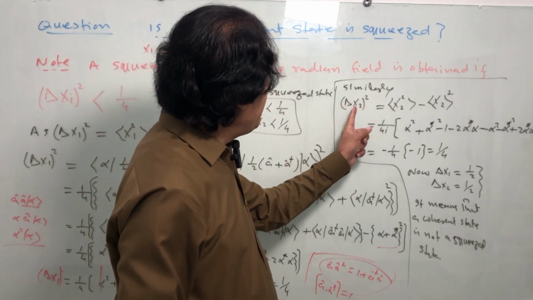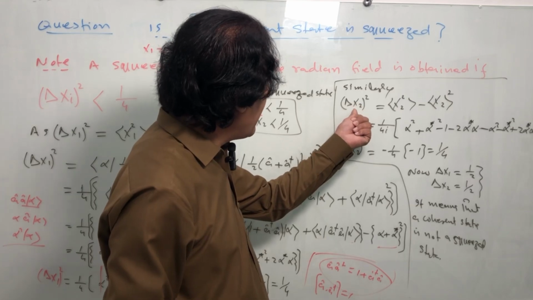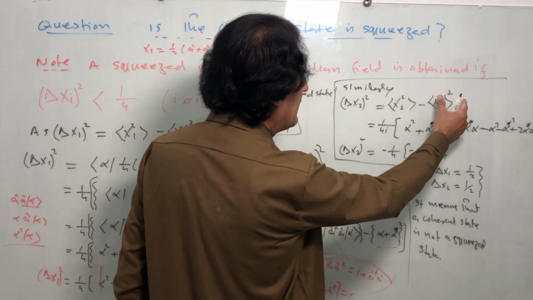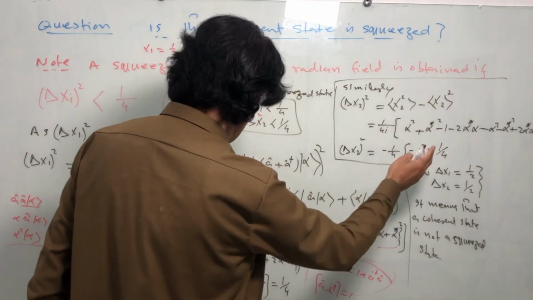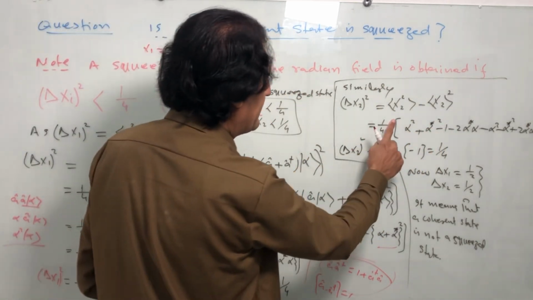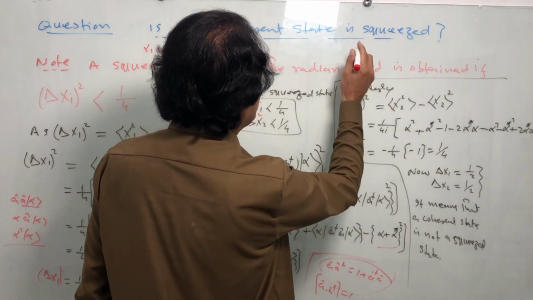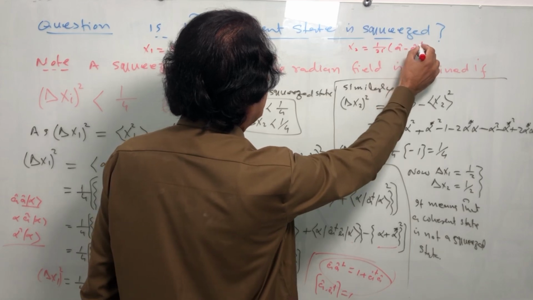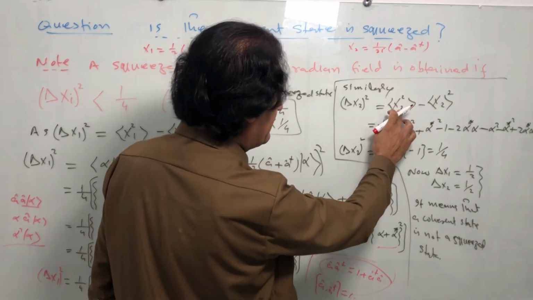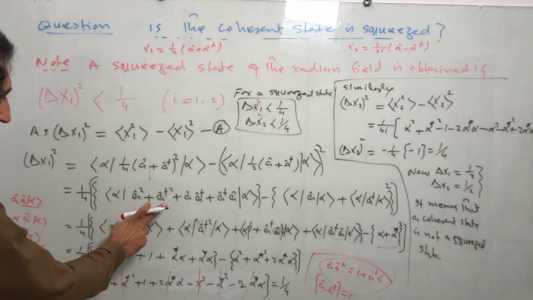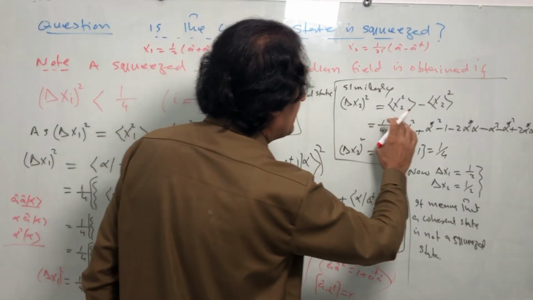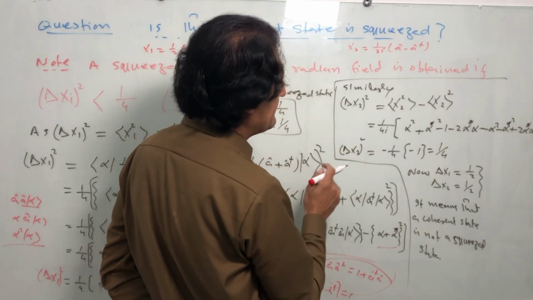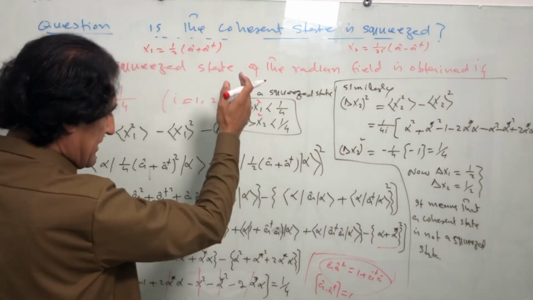Similarly, for Δx2, (Δx2)² is equal to the average of x2 squared minus the square of the average of x2. Applying the same method, here x2 is equal to 1/(2i) (a minus a dagger). Putting in the values and calculating is very easy; you can do the same process.